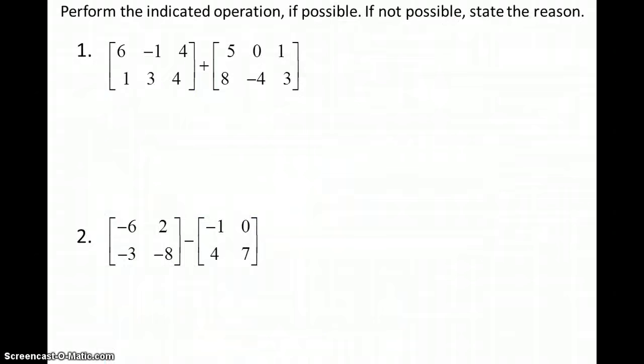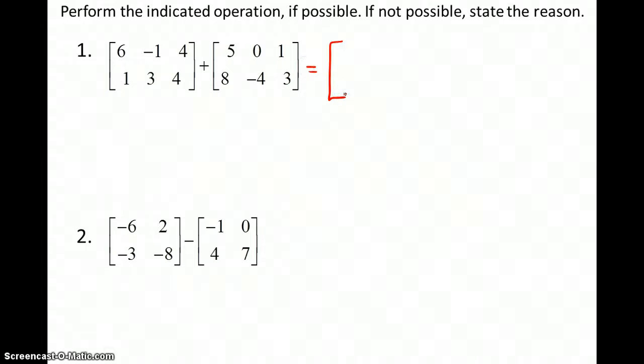Example 1. Perform the indicated operation, if possible. If not possible, state the reason. Looking at example 1, we have a 2 by 3 matrix, 2 rows, 3 columns, being added to a 2 by 3 matrix.